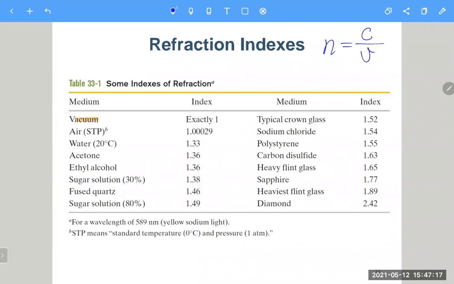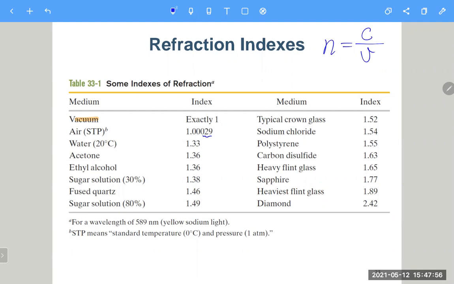As you know, all the wave speeds in different materials should be less than or equal to the speed of light, which means that the index must be larger or equal to 1. For the vacuum, the index is exactly 1, and for the air, it is only a little bit more than 1, which means that the speed of light in the air is almost the same as in the vacuum.